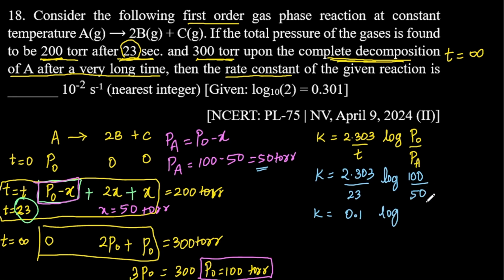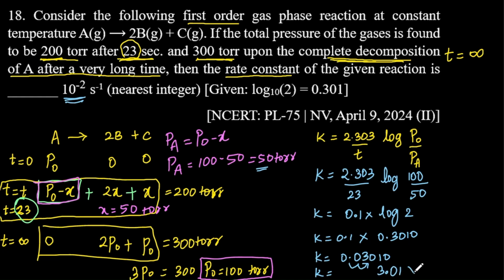Log of 100 by 50 is log 2. k equal to 0.1 into log 2 value is 0.3010. So when you multiply this, you will get 0.03010. So the answer should be in 10 power minus 2. So bring the decimal point in front of 2 digits. So the answer is 3.01 into 10 power minus 2 second inverse. So the answer is 3.01 into 10 power minus 2.